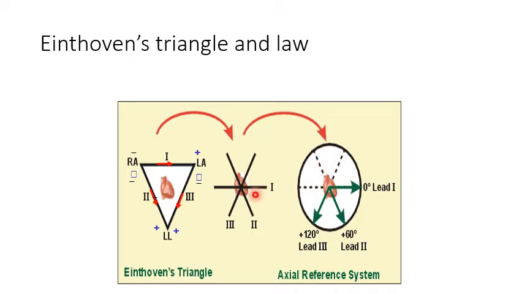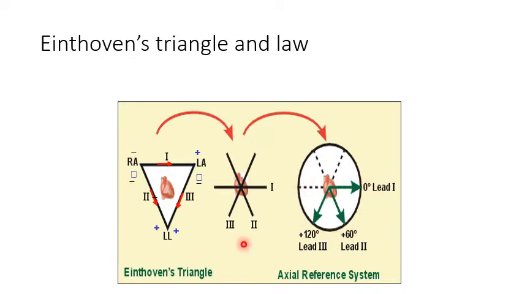So here, of all the 3 lead axes, 1, 2, and 3, let's talk about 3. We will just move it and put it starting from the center of the heart. The angle is going to be 120 and positive, because it's in the lower half of the circle.